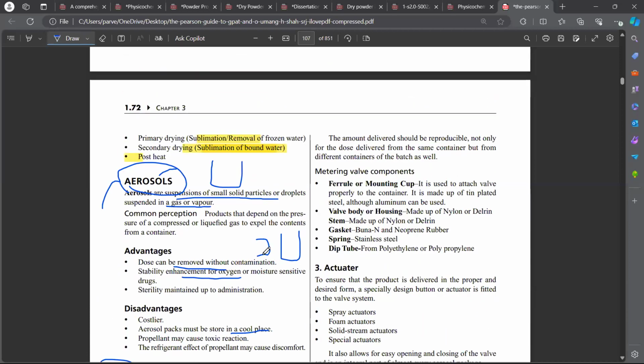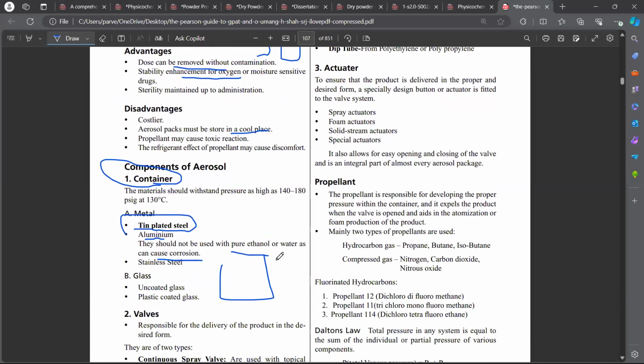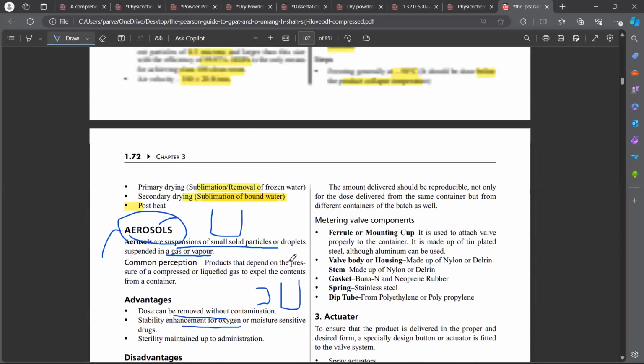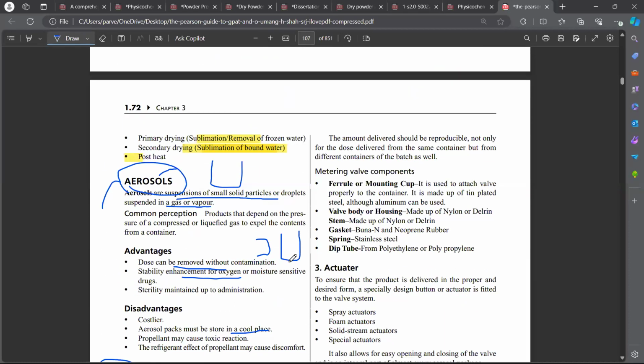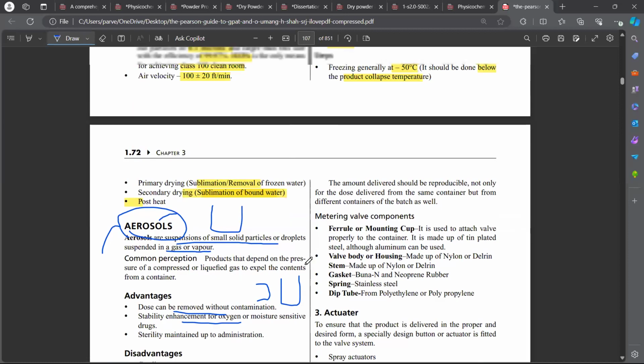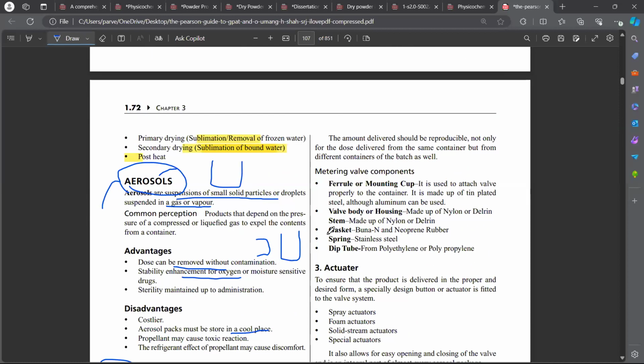Generally, guys, could you tell me whether chlorofluorocarbons or hydrofluorocarbons are used as propellants in aerosols nowadays?